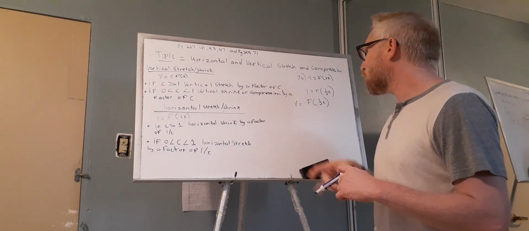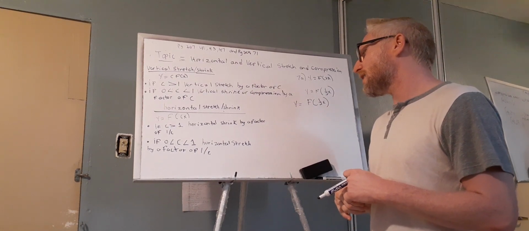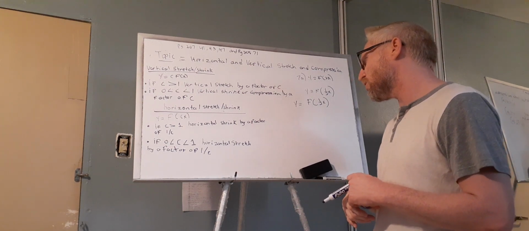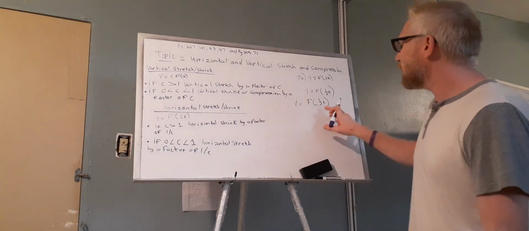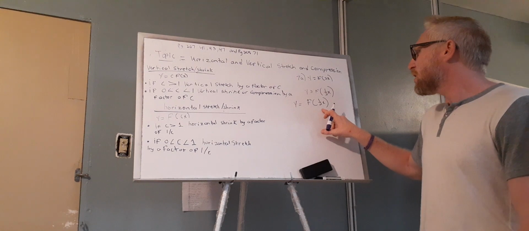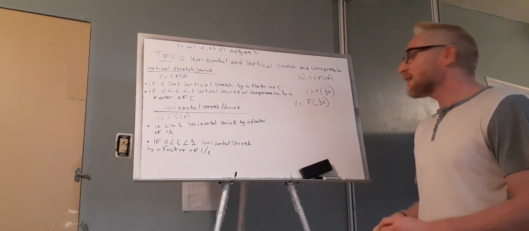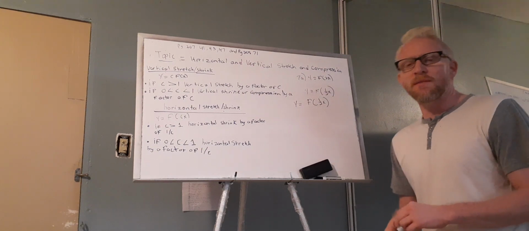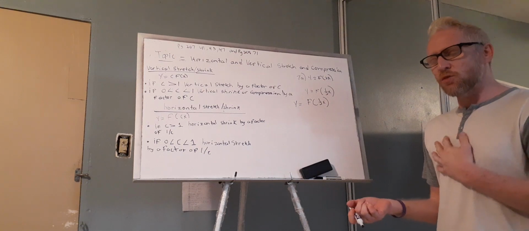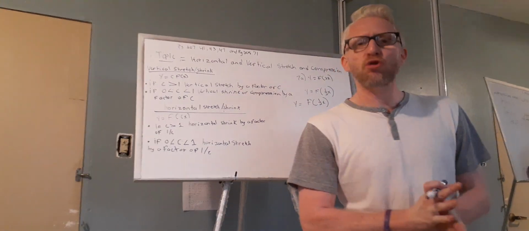We know it's horizontal because of the way that it's written, and it says, if c is greater than 0 but smaller than 1, then we have a horizontal stretch. Obviously, this satisfies those requirements because c is a fraction. That means that it's greater than 0, but smaller than 1. So in this case, it's a horizontal stretch.